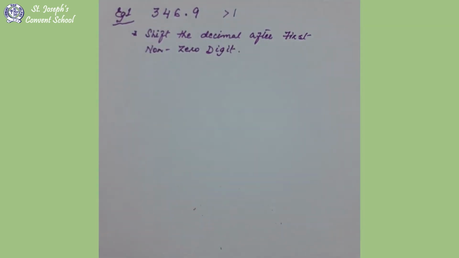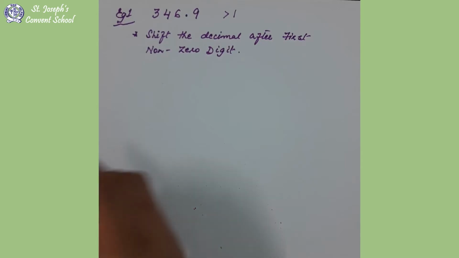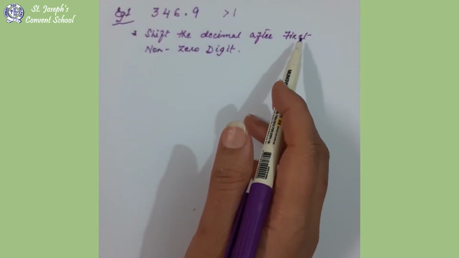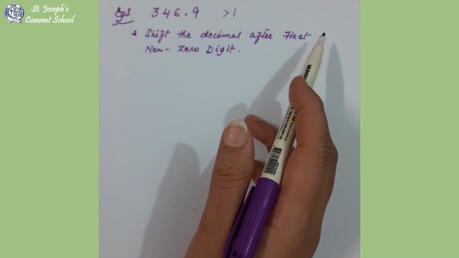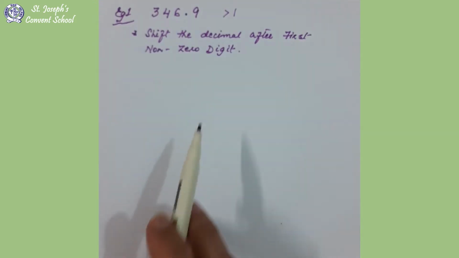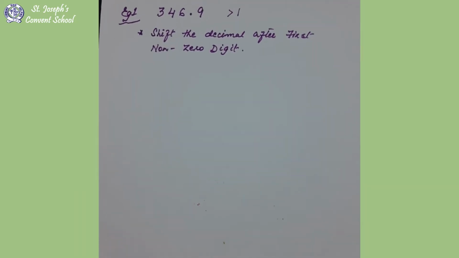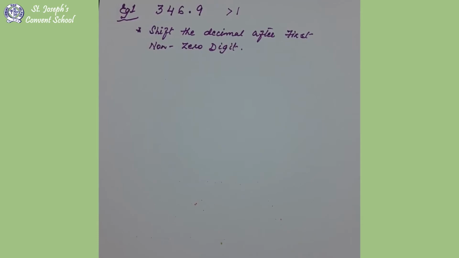This you also have to remember. If the first digit is 0, then you move on to the next one and check if it is non-zero or not. You have to shift the decimal after that non-zero digit.